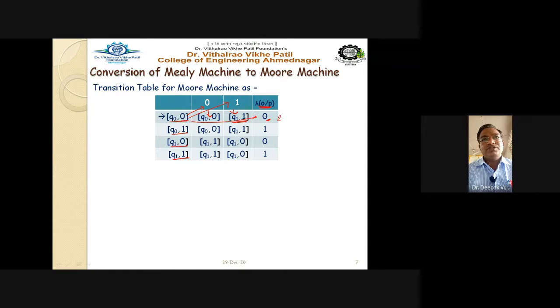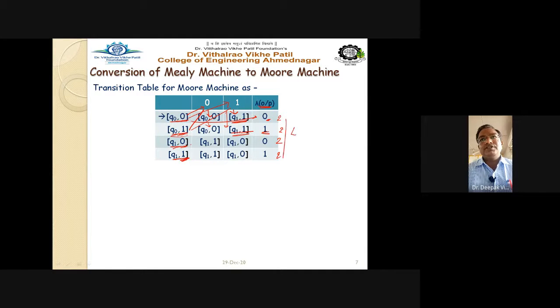The next two transitions: Q01 on 0 goes to Q00, Q01 on 1 goes to Q11. That is the next state, and the output for Q01 is equal to 1. These are the two transitions. Then the next two transitions for Q00, and the next two transitions for Q11.